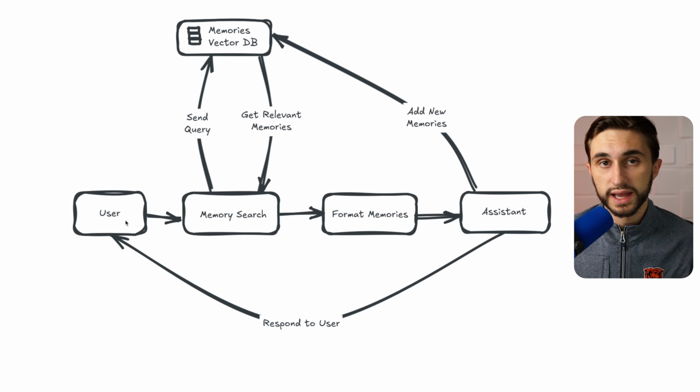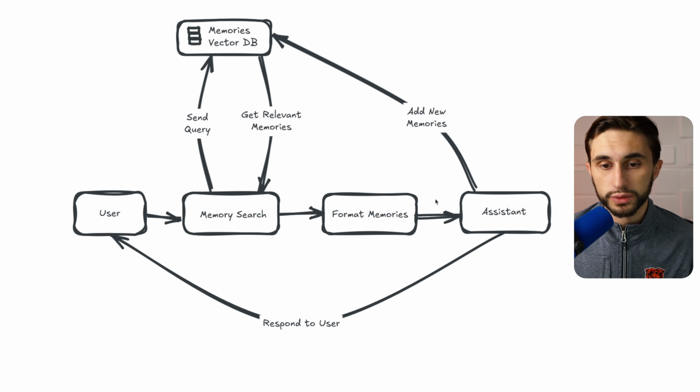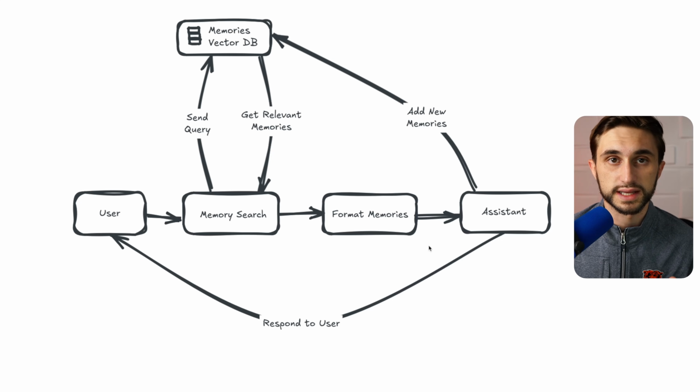So if they say, "Hey, my name is Carter," it goes through, it queries it, it doesn't find any information in the vector database here. When it gets to the assistant, it has the option to add that as a memory so that it never forgets it. And this creates somewhat of a flywheel where the memories in the vector database are getting stronger every time that you go through and have a conversation with this assistant. And it's never going to forget those key details and preferences that you've laid out.